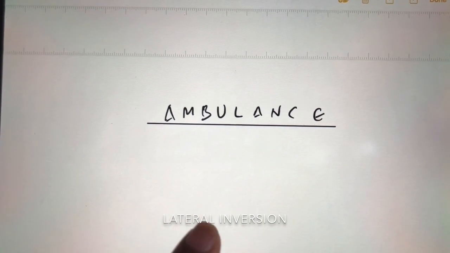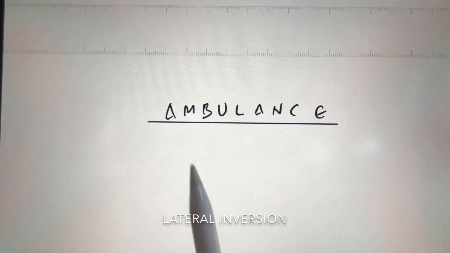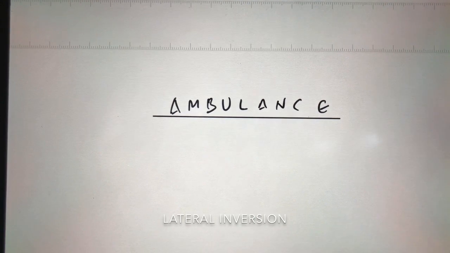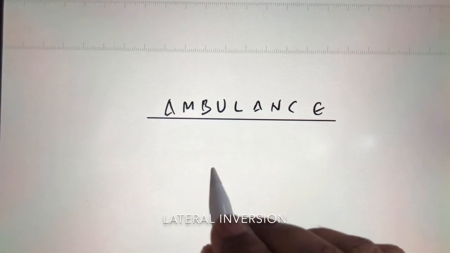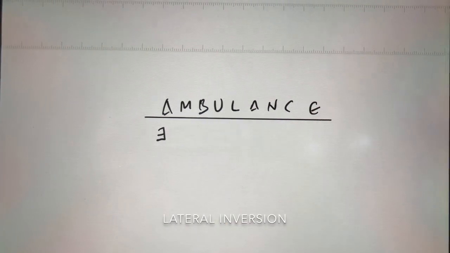So how does the image of ambulance appear when reflected in a mirror? What you need to understand is, you need to first laterally invert the whole word and then also each individual alphabet. Therefore E is to the right, so in the image E will be to the left. And that E of course has to be laterally inverted.